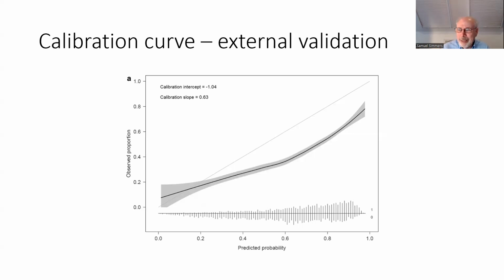This particular calibration curve has a 95% confidence band around it, and it's narrow enough to be useful. If you found that the confidence band was quite wide, then it's just not going to be informative. Next slide.